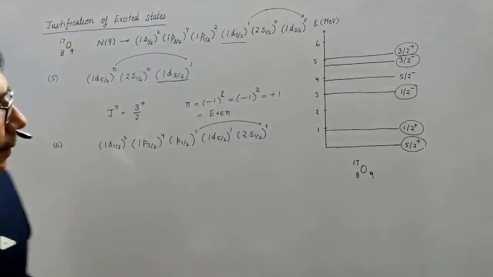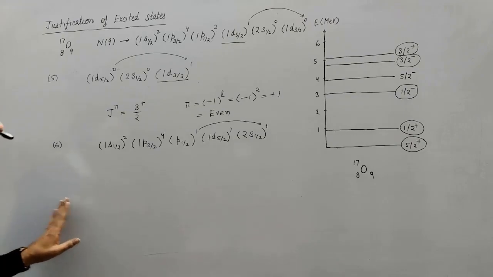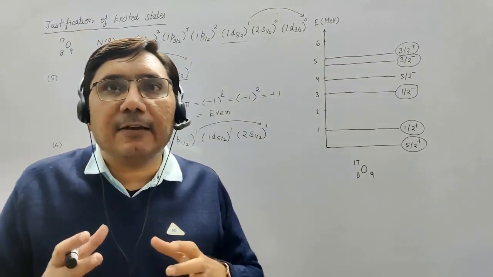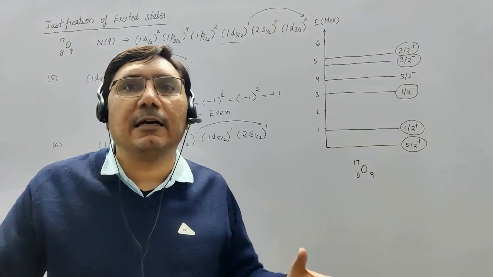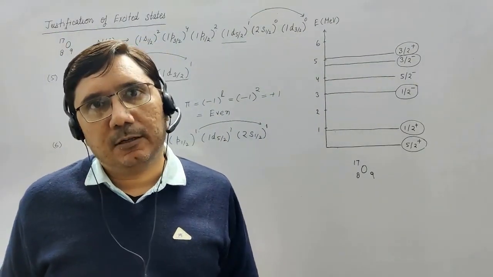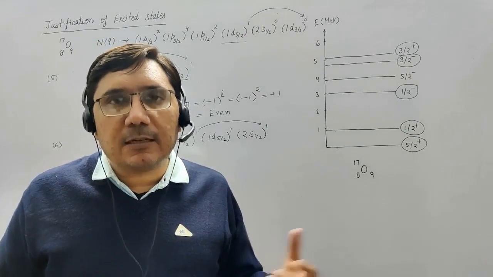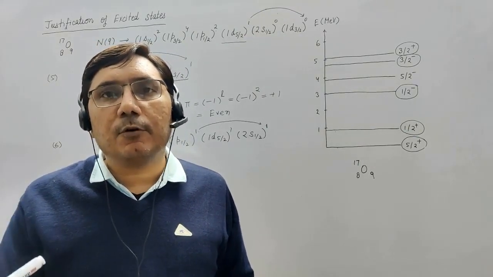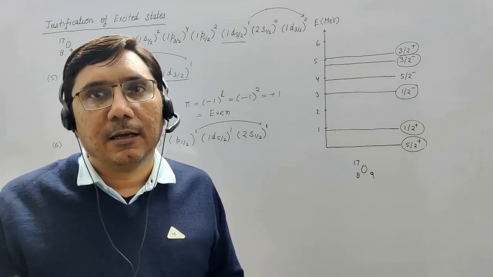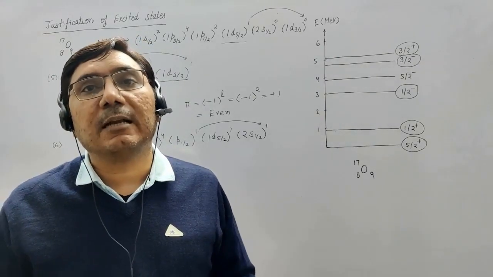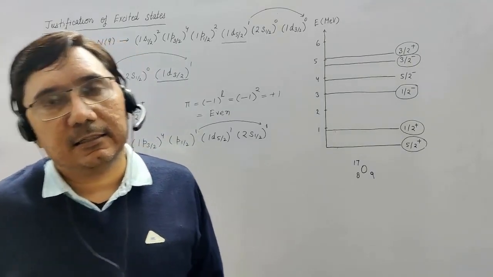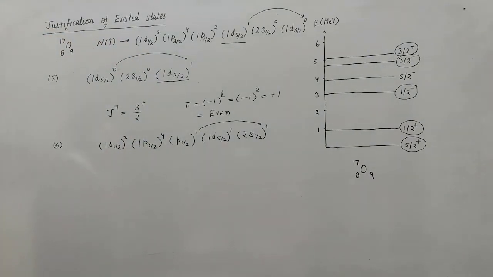But to explain these excited states, we have to widen the scope of the shell model. They came to the conclusion that not only one unpaired neutron or proton, but more than one unpaired nucleon can participate in the formation of the excited state.